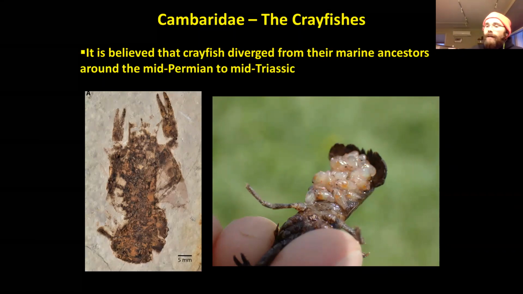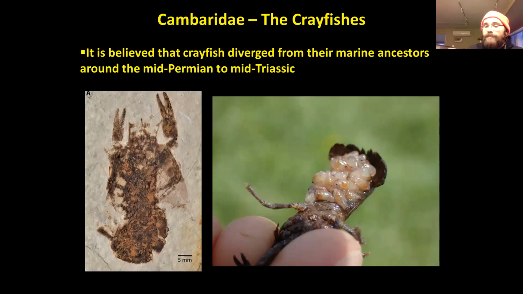They'll take care of them until they're large enough so that the little babies can then detach from their mother, and then they can just roam around on the bottom of the stream, and they're able to do their crayfish thing. This is how you have something like a crayfish come from a saltwater environment and move to a freshwater environment and be able to evolve into that form. So just a cool little fact about the evolution of crayfish there.